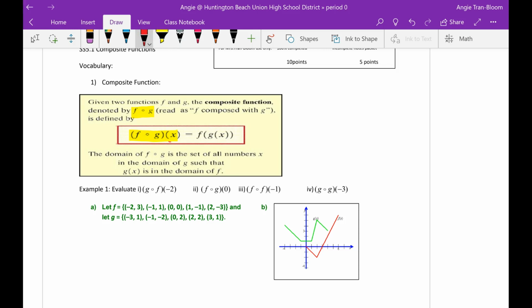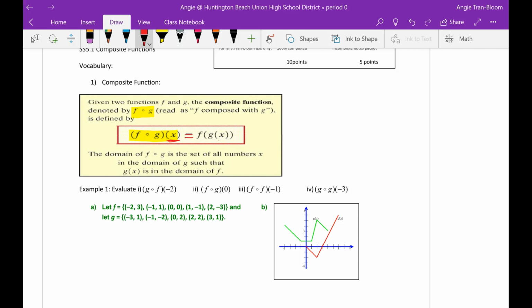This right here is not a multiplication of x, it's read as f composed with g of x. It equals f, again, this is not a multiplication, this is a composition, okay? So f composed with g of x, okay?